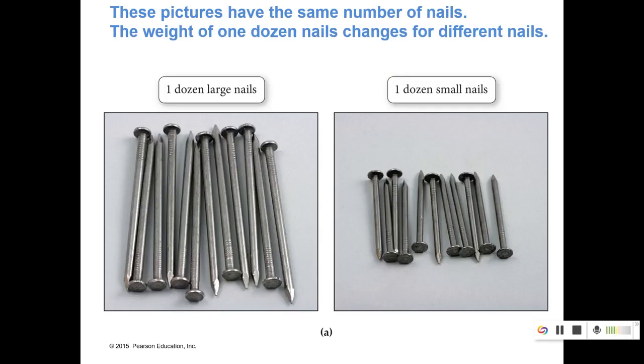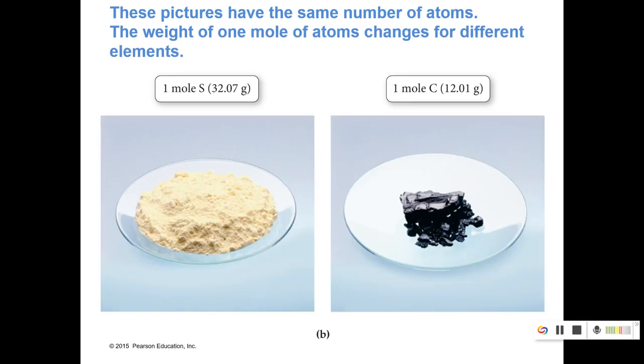Okay, so now we're going to go to dealing with masses because obviously these large nails in a dozen don't weigh the same amount as these small nails do of a dozen because the big ones are larger. So we use mass to compare them. So a mole of sulfur is equal to the mass of sulfur on the periodic table.